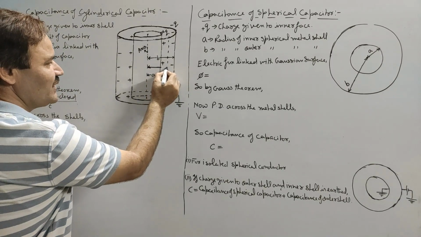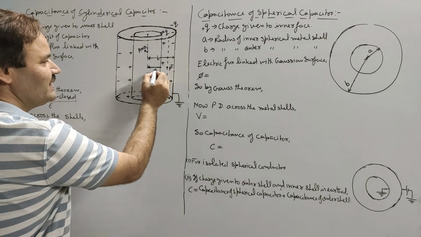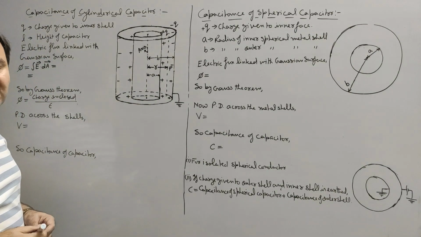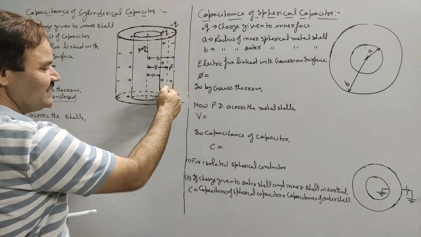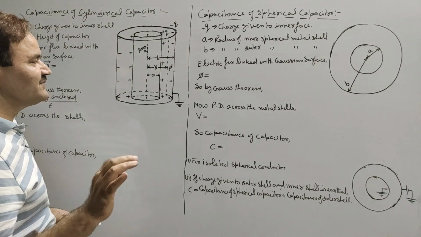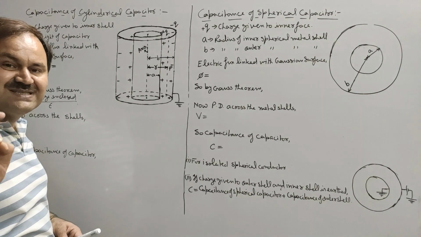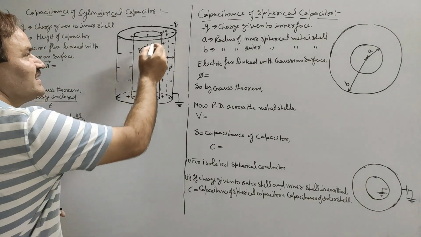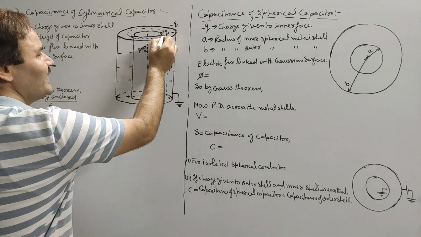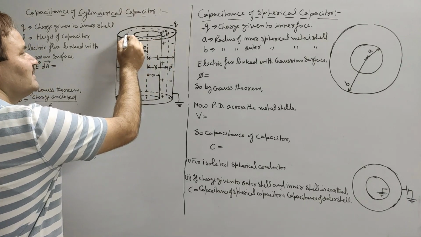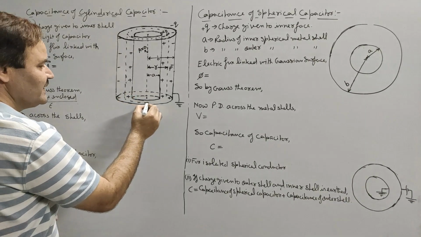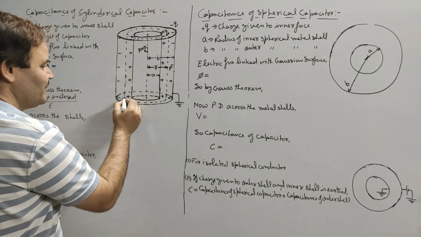Say if we want to find out electric field at a point P distant R from the axis of capacitor, then we will be requiring a Gaussian surface passing through point P, and the best suited Gaussian surface considering all the properties required will be a coaxial cylinder with radius R and height same as that of capacitor.